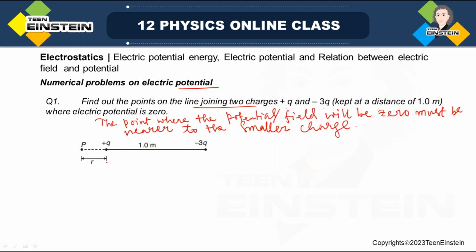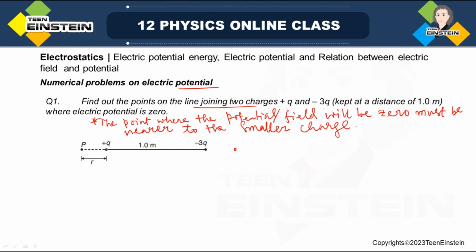So I'm just considering that the near point can be outside these two charges. So it can be left of this positive charge q, at r distance. I'm considering a point which is outside these two charges, because generally the point where the electric potential or field will be 0 due to these two charges will be nearer to the smaller charge.